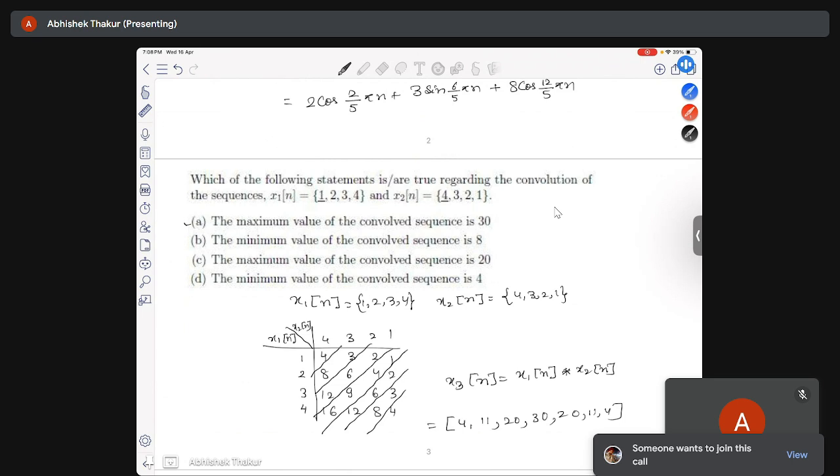The first time I made a mistake, because when you do the sliding, at that time you will get 30 as the value. So this is the method for convolution and the answer is 30.